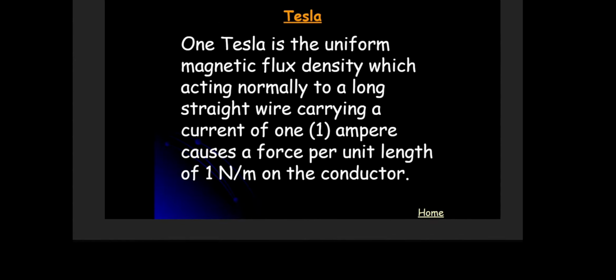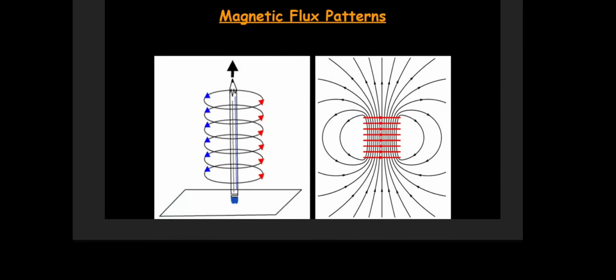This is something to recap from CSEC, which tells us that when you have current flowing in a conductor, it generates a magnetic field. The left diagram, the pencil, represents a conductor with a current going upwards, and the diagram on the right represents a solenoid, which is just a coil of conductors, and the current is going to the right hand side.